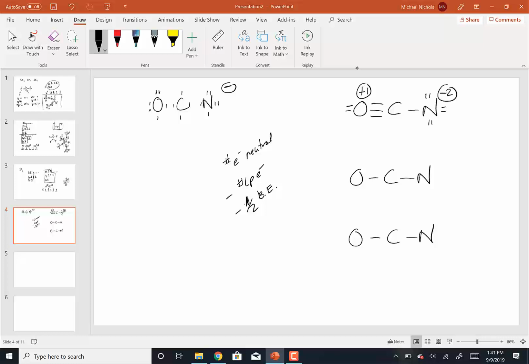It's definitely sharing 1 in each of these 3 bonds. It owns the lone pair outright. So my question is, it came with 6. How many does it now own? It owns the lone pairs outright, and it owns half of every bond. So it owns 5. So going from 6 to 5, what happened? It lost an electron, so it's a +1. That's sort of the intuitive way I do it.